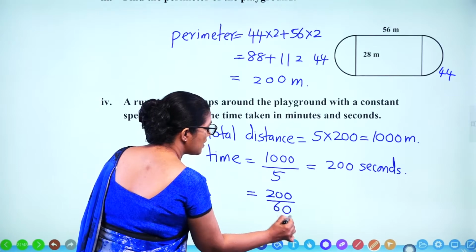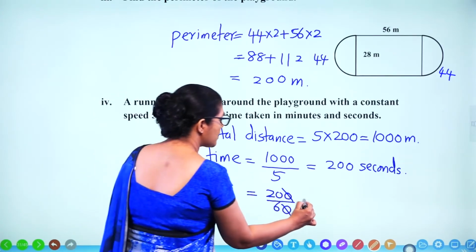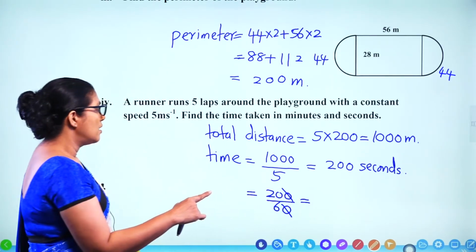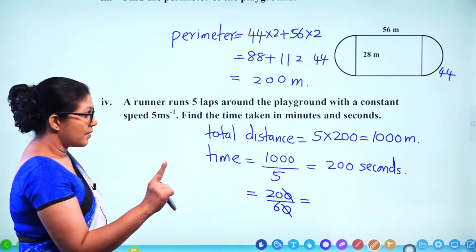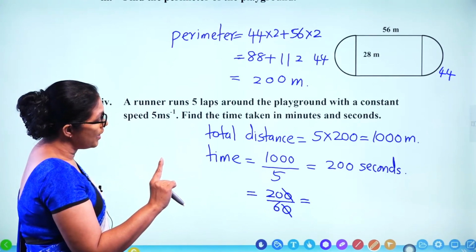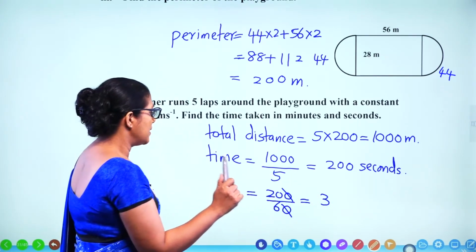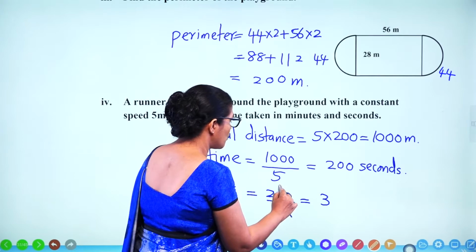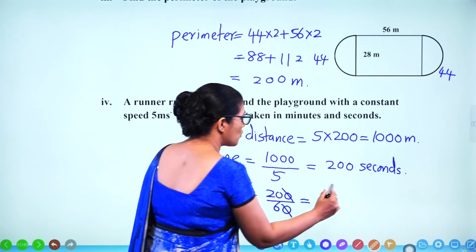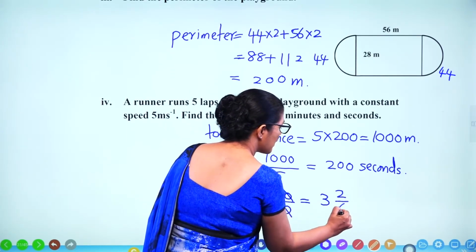Divide by 60. The 0 gets cancelled out. 6 times 6, 36. No, 6 times 3, 18. So 3 minutes. So 2 is remaining, 2/6.